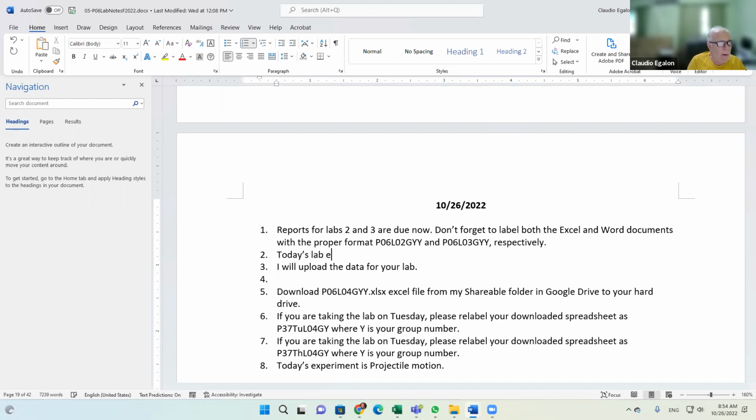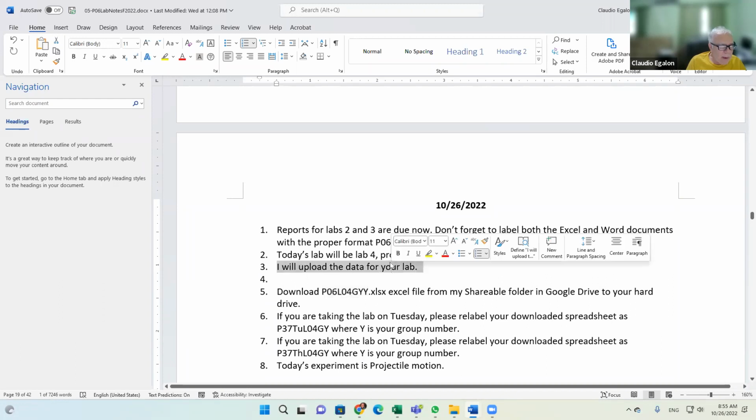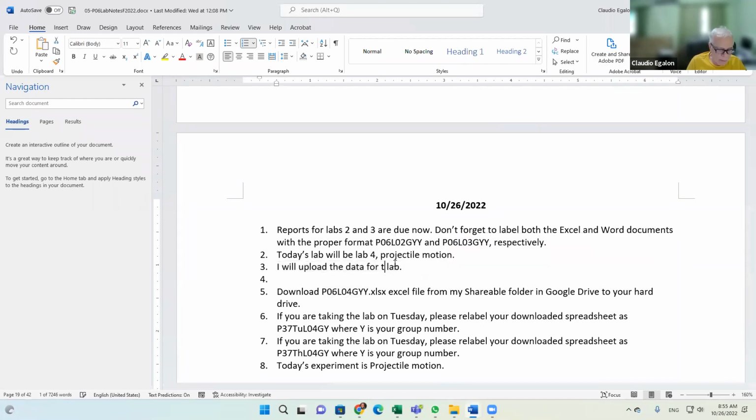Today's lab will be lab number 4, projectile motion. Okay, I will upload the data for your lab, bear with me. I will upload the data for this lab to your group folder.